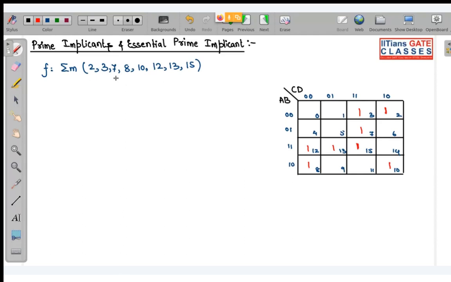Wait a second. So 2, 3. Now this will be easier for you to understand. Now look, what is an implicant?